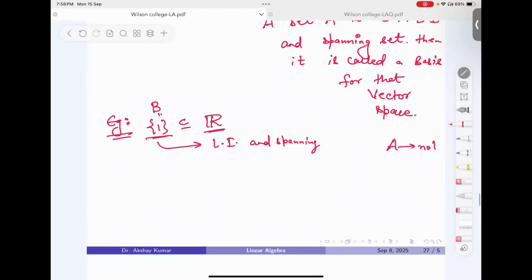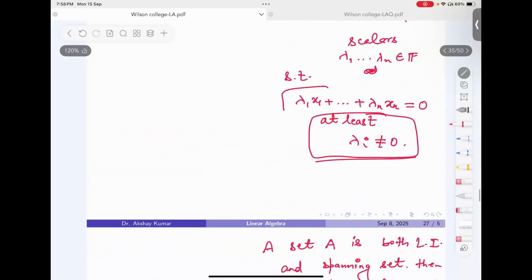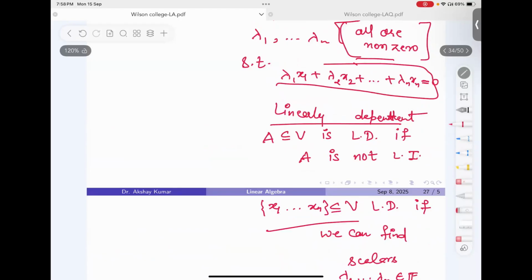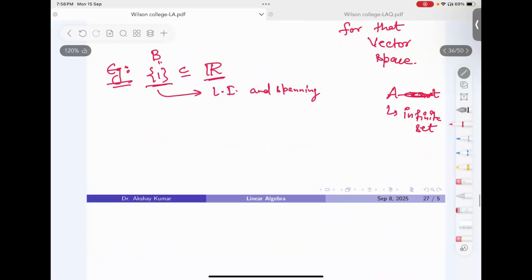How will we check whether this is linearly dependent or independent? Finite sets we can check by linear combination. Here also we have taken finite linear combinations. But what about the infinite set? How to check an infinite set?